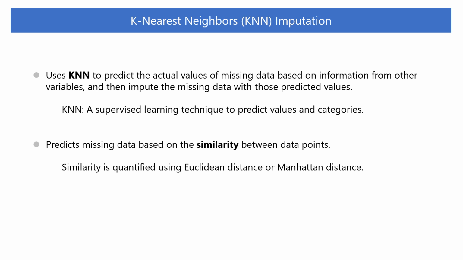I will give you detailed explanations of KNN in later chapters, but let me provide a brief overview here. The KNN imputation predicts missing data based on the similarity between data points. This similarity is quantified using Euclidean distance or Manhattan distance.